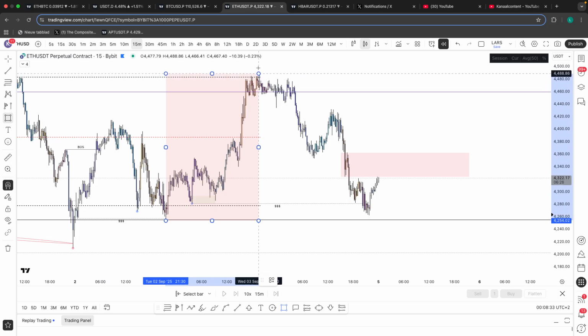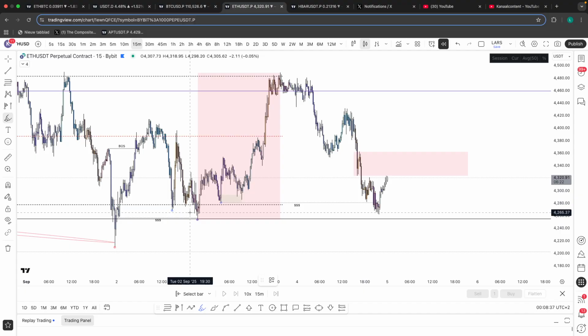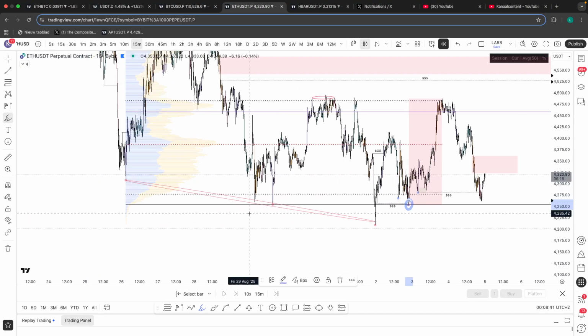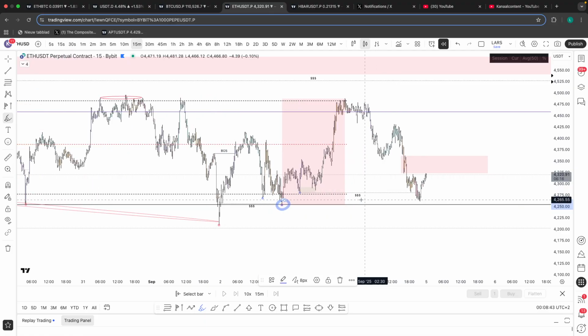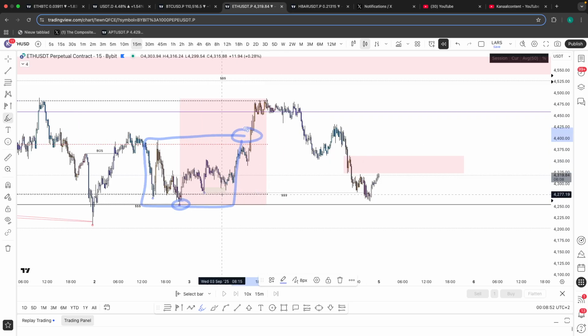Looking at this from an expansion perspective, this tap is part of the high time frame model where you have your 1, your 2, your 3, and your 4. But these two lows are part of this local model. But the moment that local model has completed itself right here by hitting the range high, these lows aren't protected.